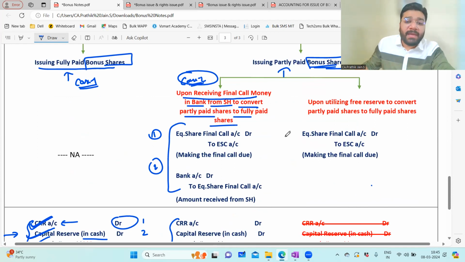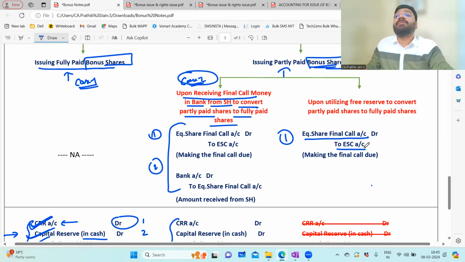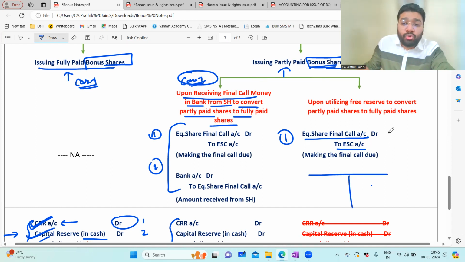So the first entry will be, guys, you are calling and passing the due entry. So what is the due entry? Equity share final call account debit to equity share capital. When you pass this entry for 2,000 rupees, what is the position of the balance sheet after the first entry?